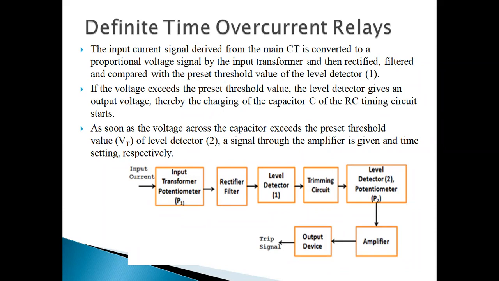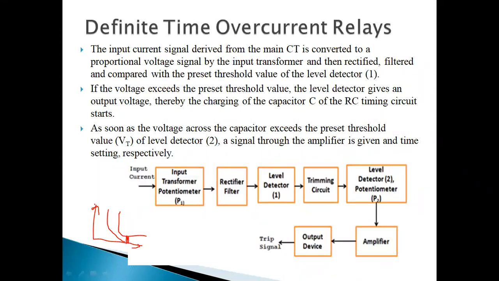Your normal inverse time current characteristic is like this. But if you consider the definite time current characteristic, then a particular time is provided here for the operation of the relay.